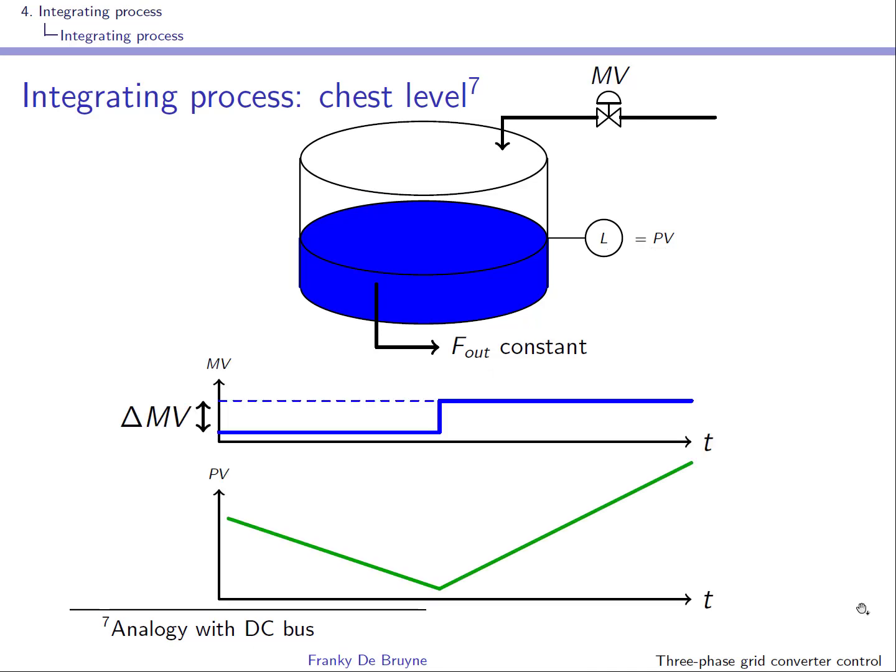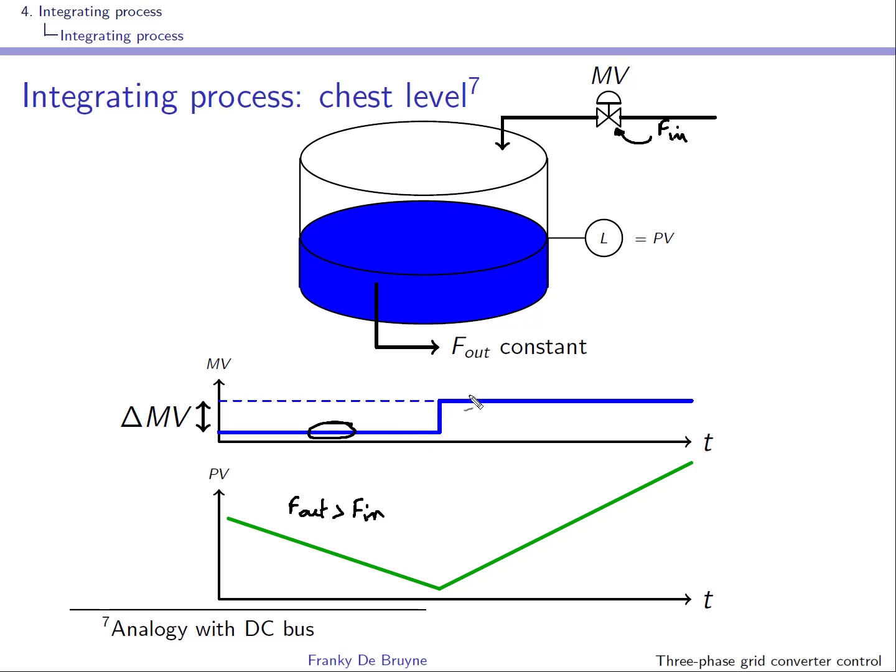Well, we'll look at the behavior of this integrating process. In our case, it's a water tank, and you see that in the original valve position the level is decreasing. This means that in this case the output flow must be larger than the input flow. The input flow is influenced by the valve position over here.